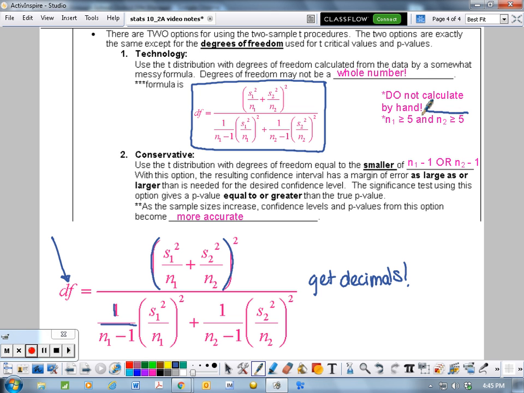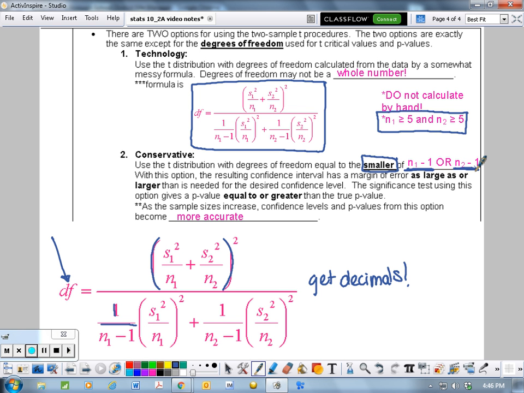But because of this formula, we have to be really careful. Our sample sizes always have to be 5 or greater. You can never have a sample size less than 5 for this to work. So your samples need to be bigger. But what we typically do is play conservative, which means we may have a higher probability, but it's playing the safety game. So we're going to use the smaller of our two options: the sample size of the first sample minus 1, or the sample size of the second sample minus 1. Whichever ends up smaller is going to be our degrees of freedom.